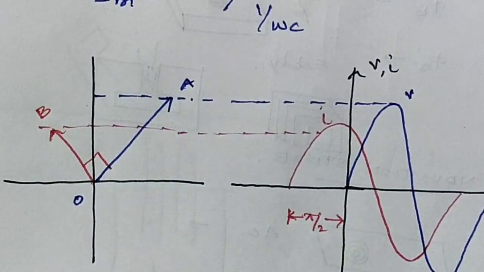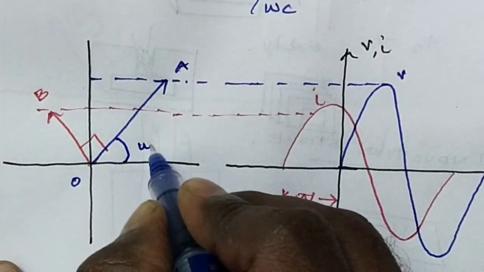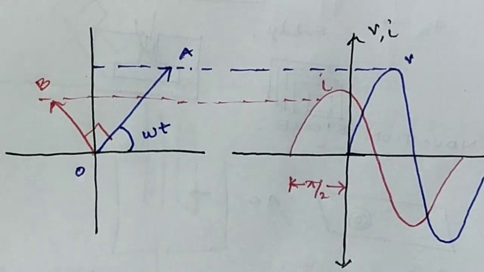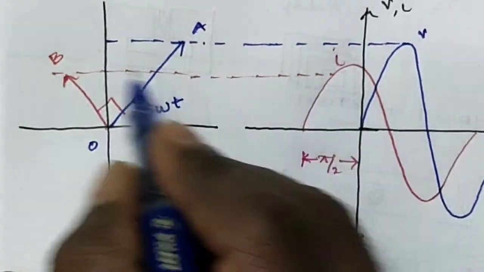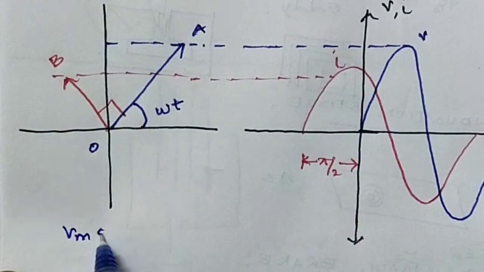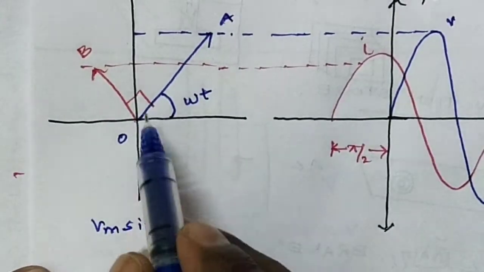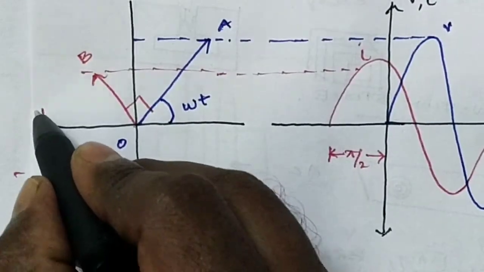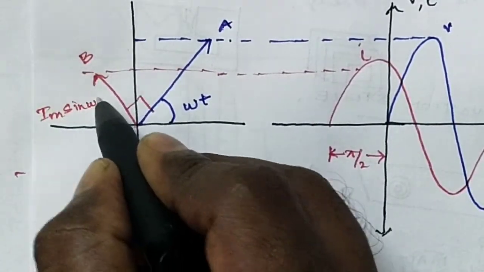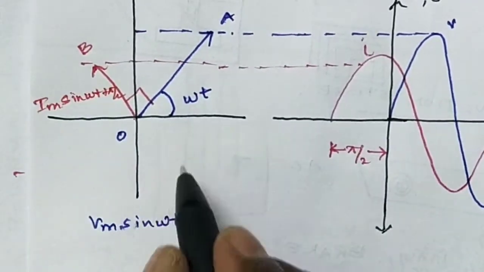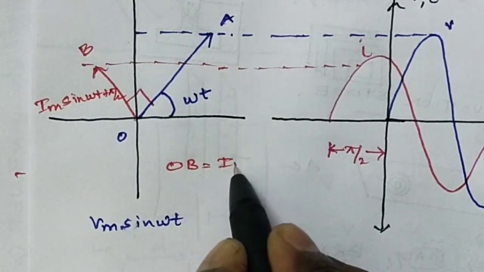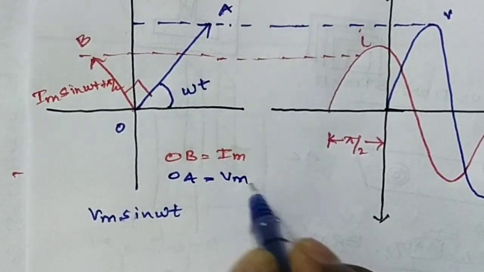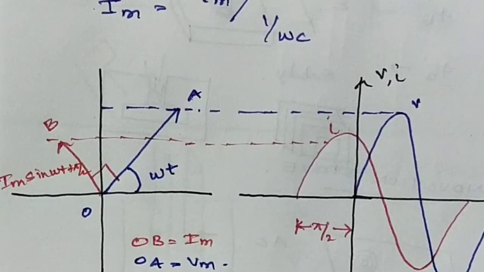We know the angle of the phasor with the reference axis is omega t, so the current phasor is at omega t plus pi by 2. The voltage is Vm sin omega t, and the current is Im sin of omega t plus pi by 2. OB is Im and OA is Vm. So that is the phase relation between the current and voltage.